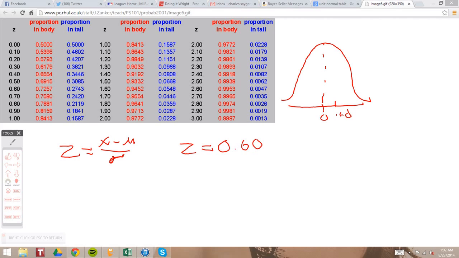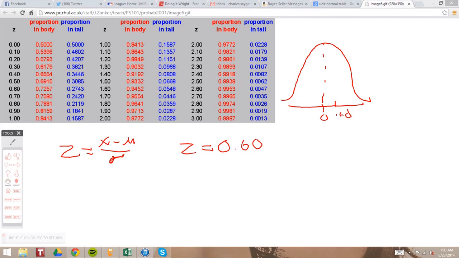The numbers in the z-table, the proportion in body and proportion in tail, represent probabilities. The way you read this is that you'll be asked questions.